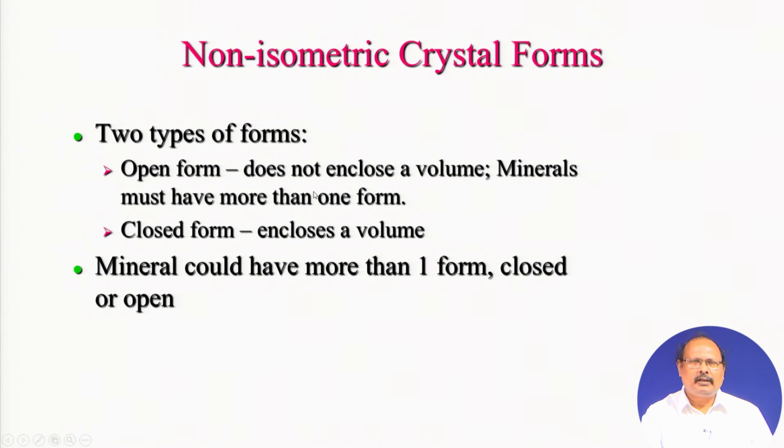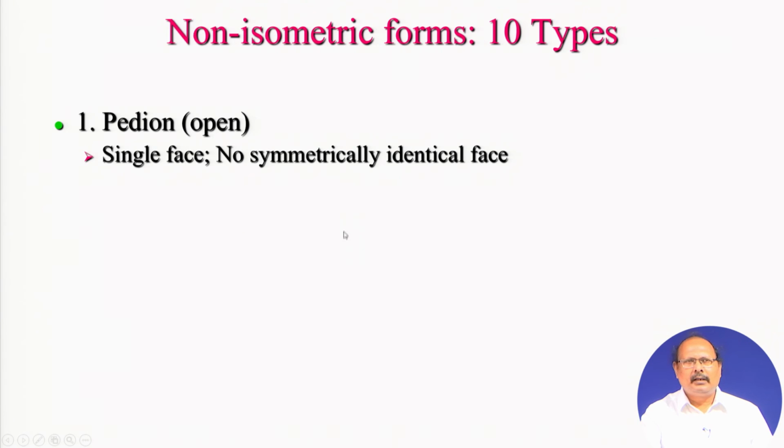So, obviously, we require 2 such open forms to enclose a volume, and you can also have a closed form which encloses a volume. So, minerals could have more than one form, closed or open. These non-isometric forms can be subdivided into 10 types. So, we will now study each type under these 10 categories.